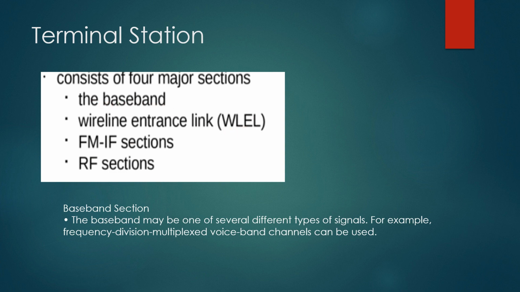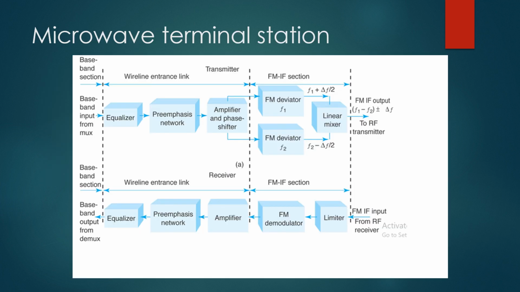Now coming to the next one, the wireline entrance link. Here you can see the baseband section, and before the frequency modulation and IF section, we have a wireline entrance link. This wireline entrance link serves as an entrance link between the multiplexing equipment from the baseband section and the IF section.